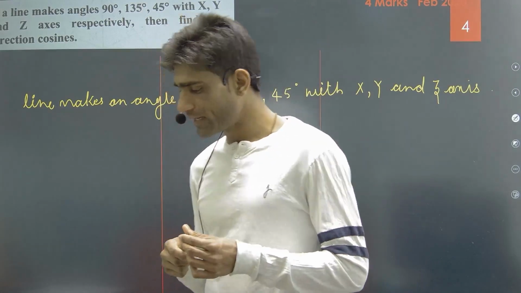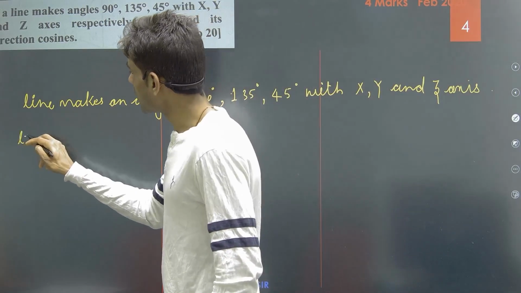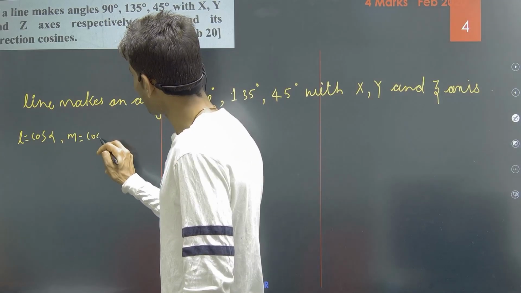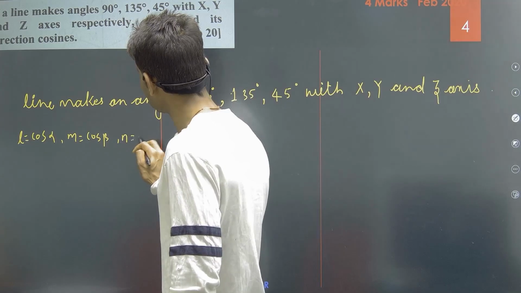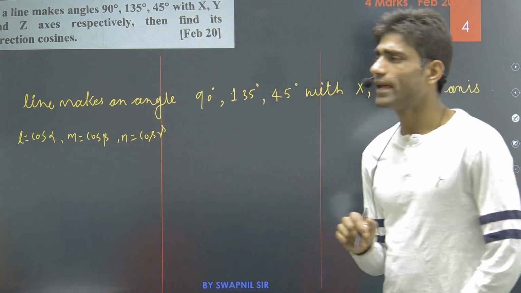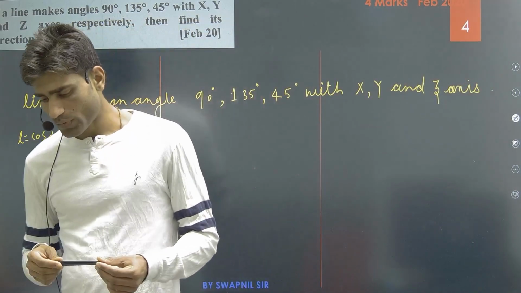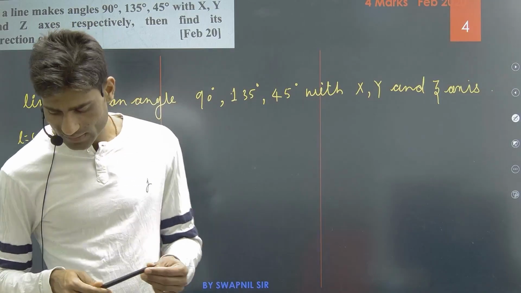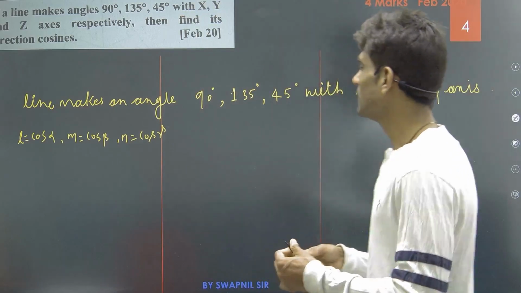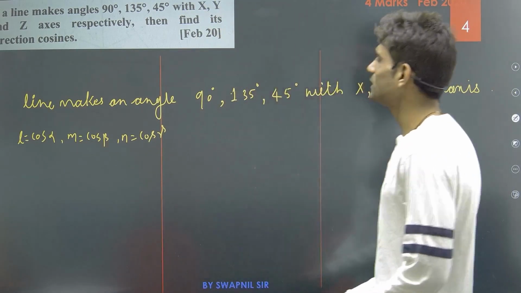So direction cosines can be written as L, which is equal to cos alpha, M, which is equal to cos beta, and N, which is equal to cos gamma. We want the values for L, M and N here.